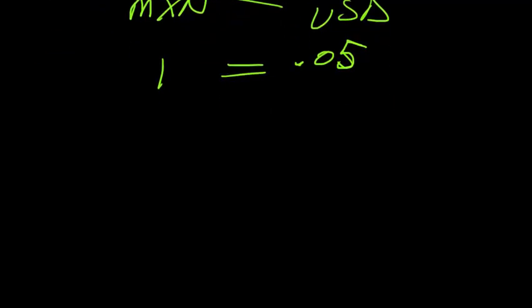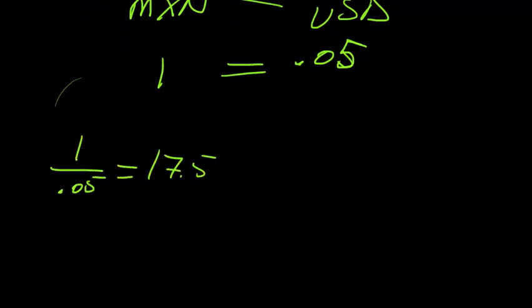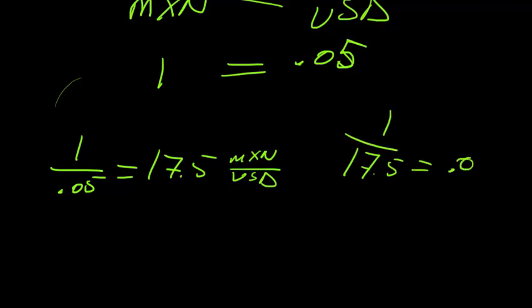Okay, so again, how do we calculate one from the other? 1 over 0.05 is going to be equal to 17.5. This is going to be MXN over USD. And 1 over 17.5 is equal to 0.05 USD over MXN.